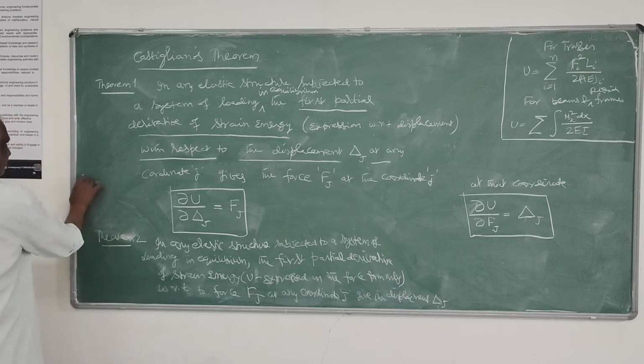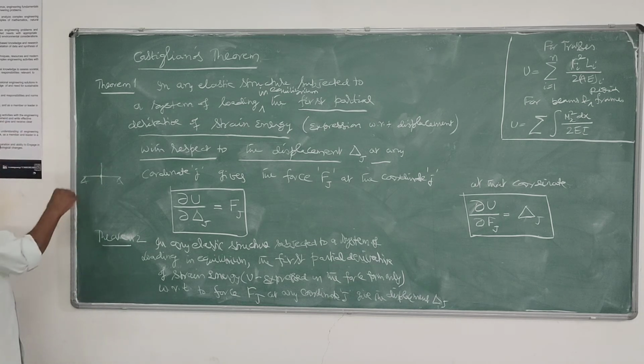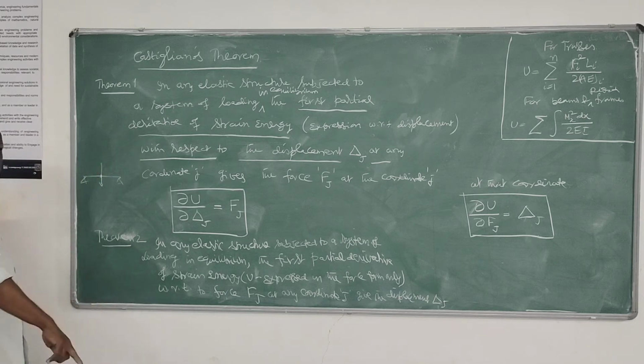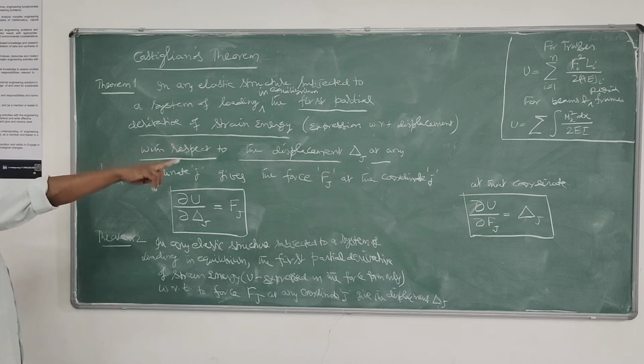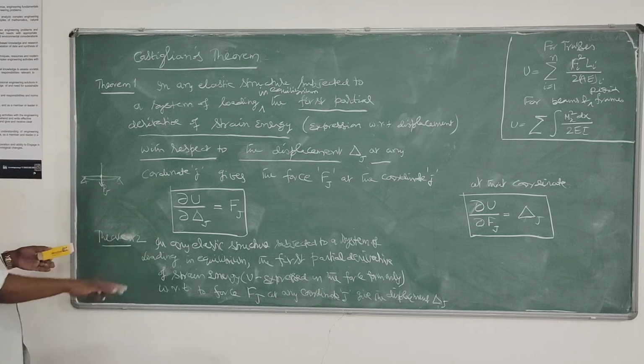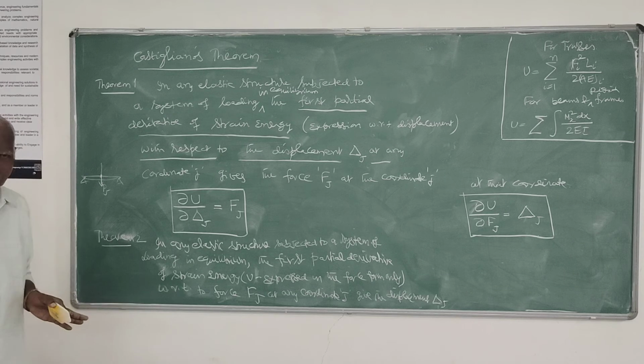Suppose you take a beam and you want to determine the displacement at a point. The displacement coordinate will be downward on account of the load. In that direction you find the total strain energy stored by that expression. Then at this particular point you apply a force Pj, find the total strain energy, and take the first partial derivative with respect to Pj; you will get the vertical displacement at that point.